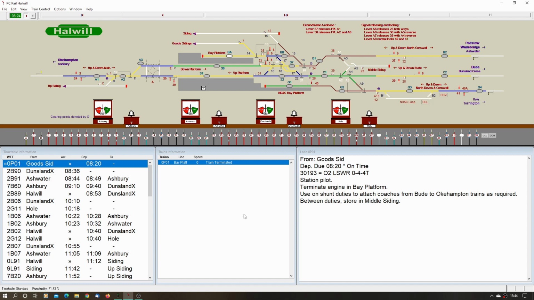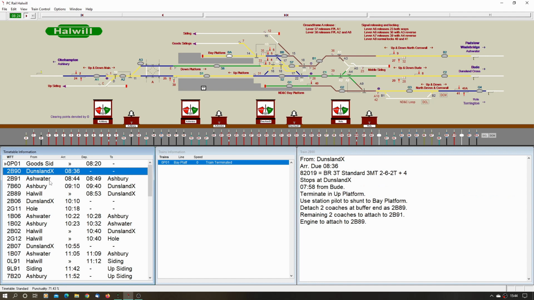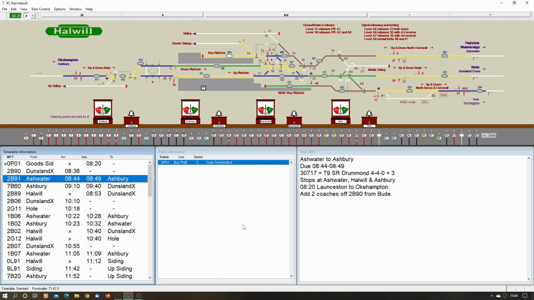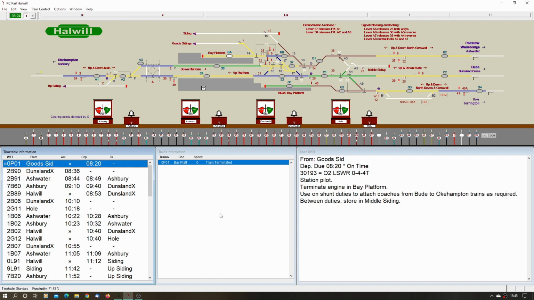Right, as soon as this one's changed to 001, the time compression should kick in.